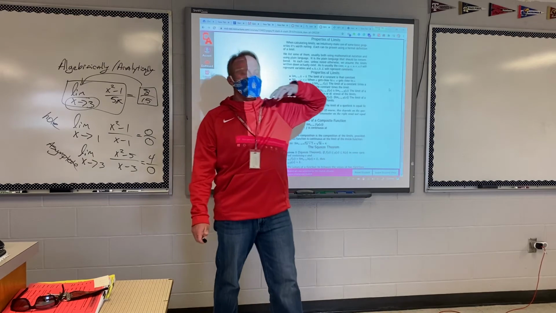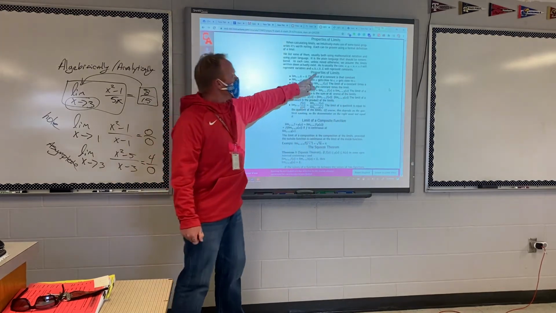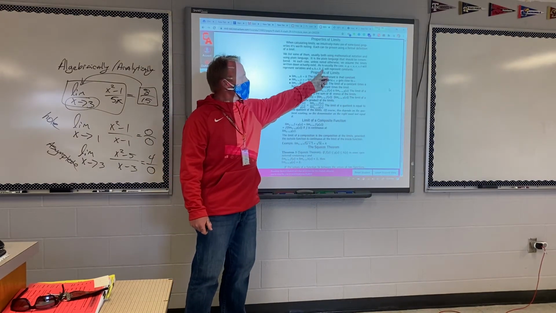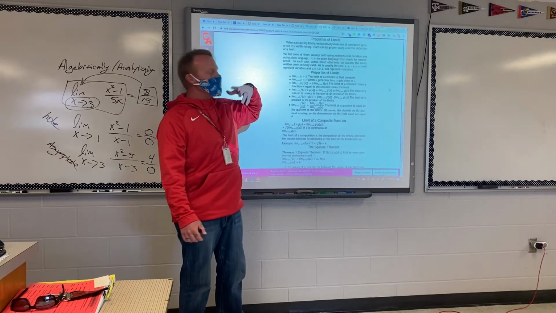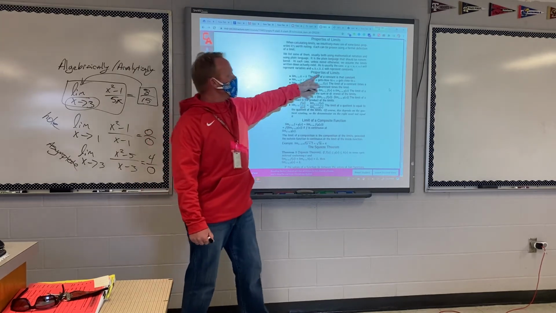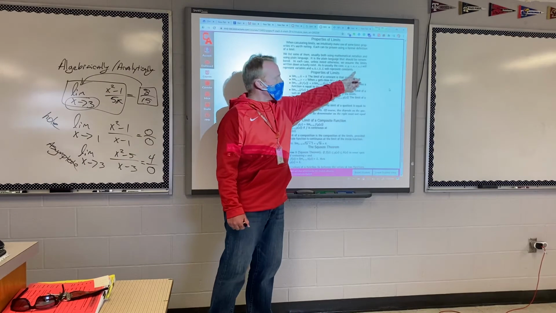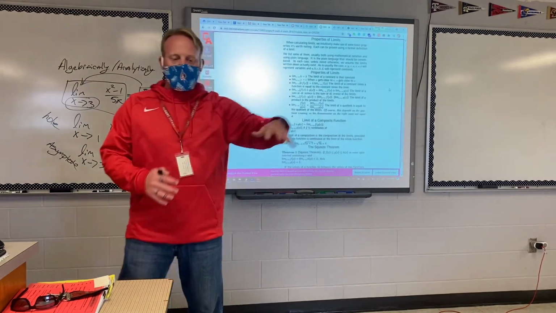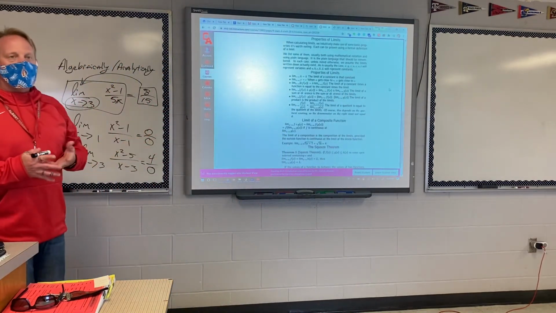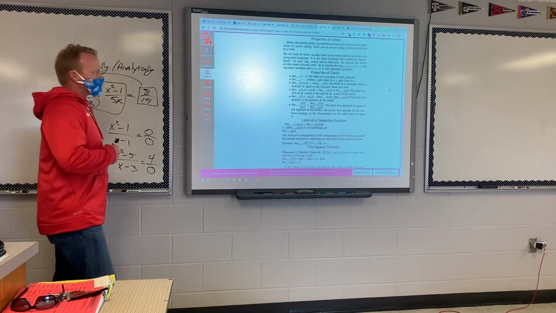So the answer to a limit is usually going to be represented by one of these five, and variables in the problem are going to be represented by those seven. That's really not that important, but I wanted to throw that out there.